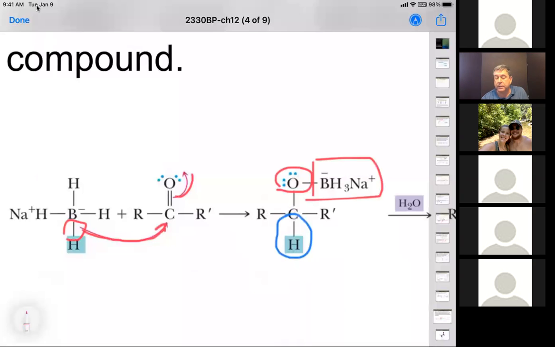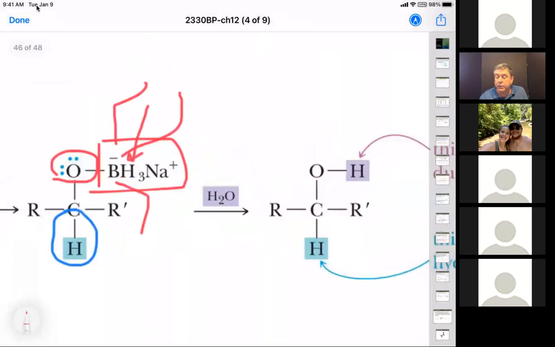Okay. But notice, there's still 3 more hydrides left. So this is going to react again to give you another one on there, and it'll react again to give you another one on there, and again to give you the 4th one on there. So it will keep reacting with aldehydes or ketones until it has 4 different groups on that boron.